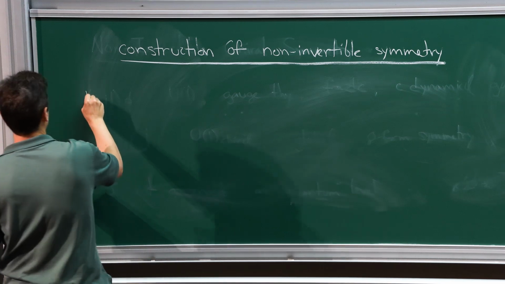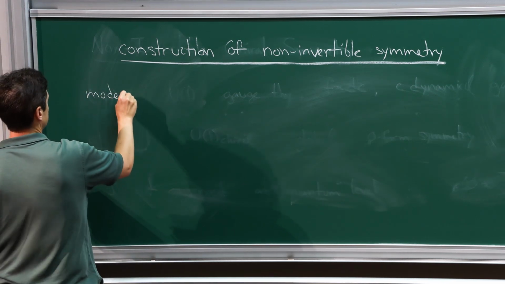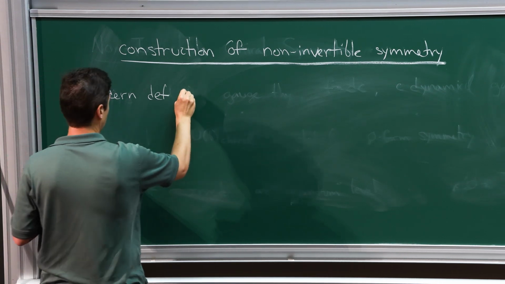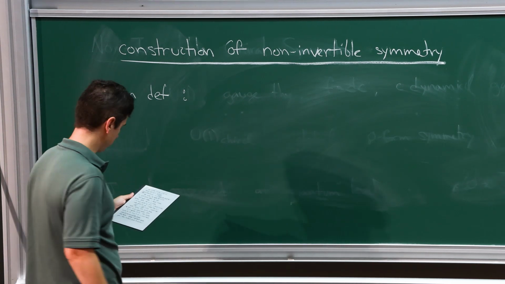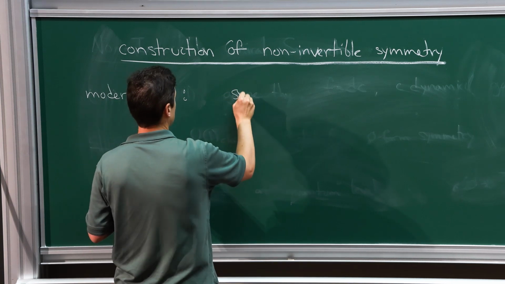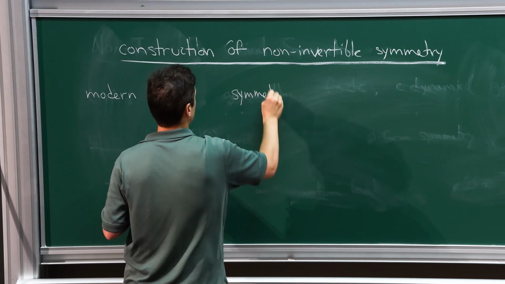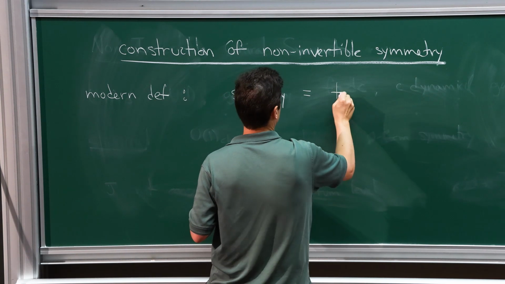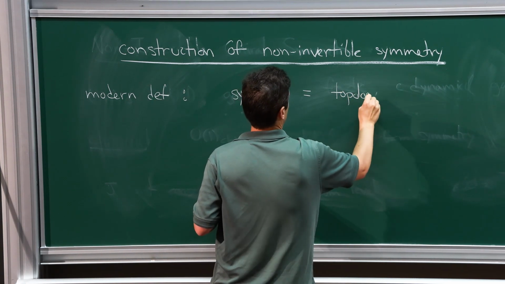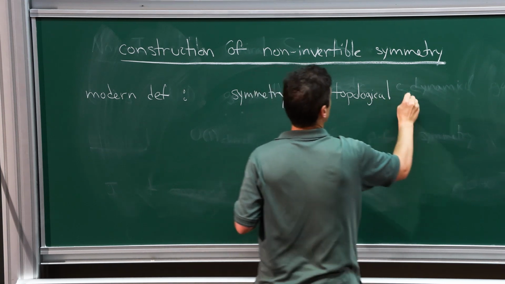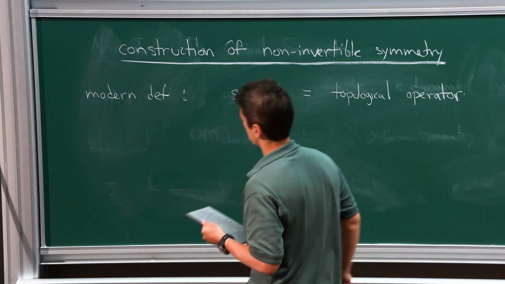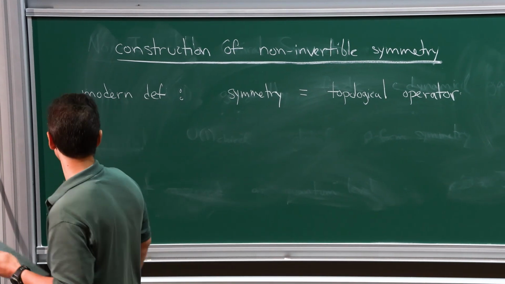Okay, so modern definition. Our modern working definition of what is a symmetry, at least from the viewpoint that we need here, is just the same thing as a topological operator. This works at least at the level of slogans.